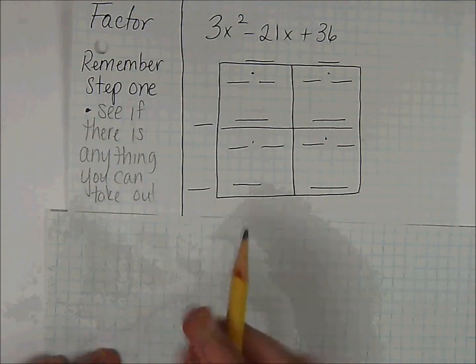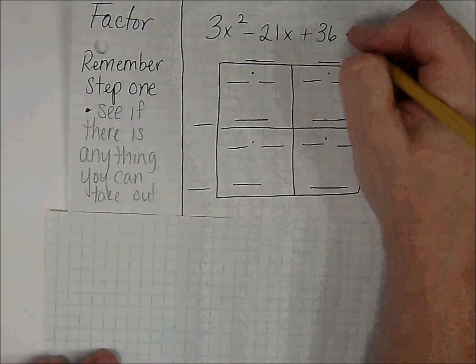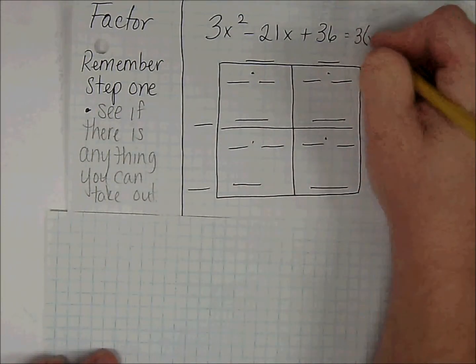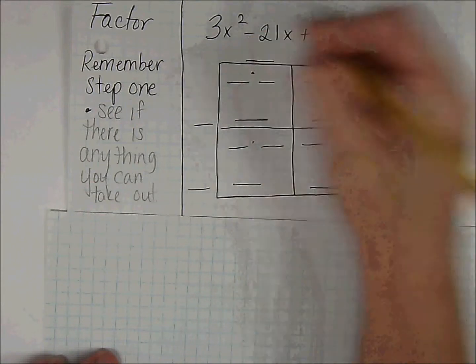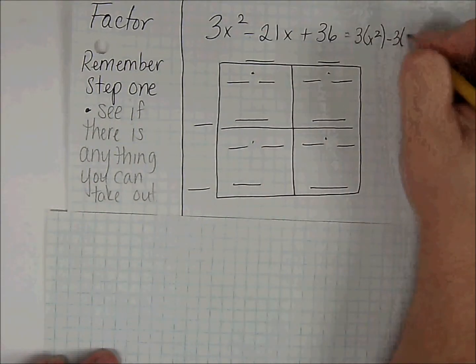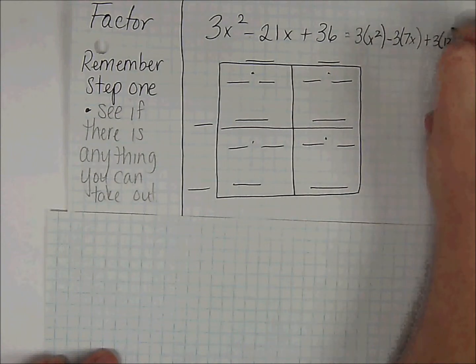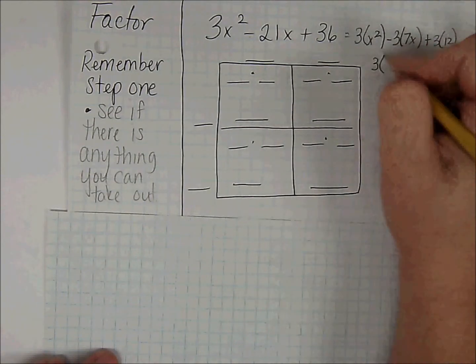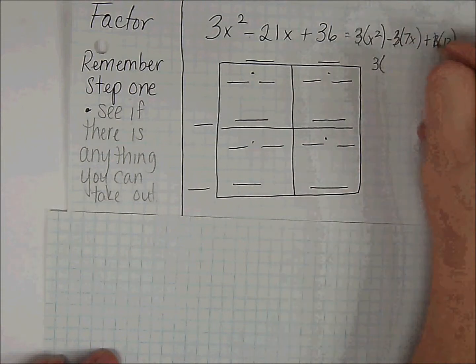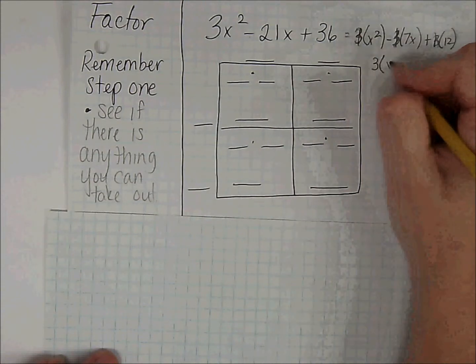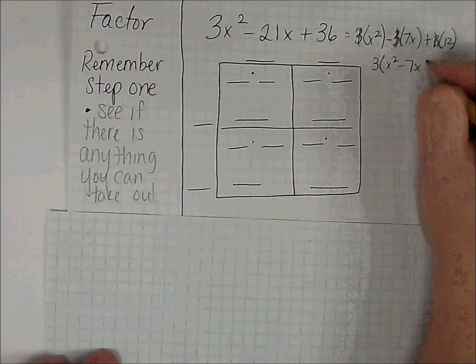Definitely. I can take a 3 out. So this is 3 times x squared minus 3 times 7x plus 3 times 12. And so I'm going to set that 3 aside and I get x squared minus 7x plus 12.